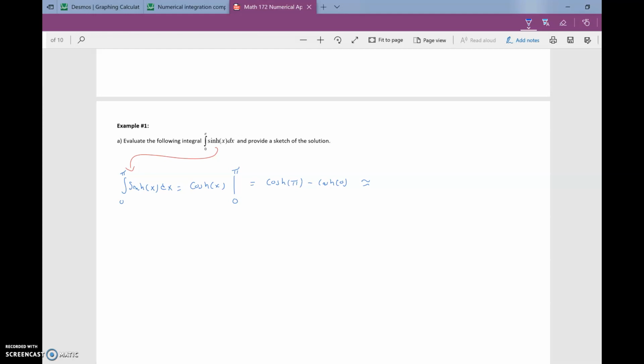I'm getting that the cosh of pi is approximately 11.592 minus the cosh of 0, which is 1. So the integral is approximately 10.592, carrying 3 decimal places.